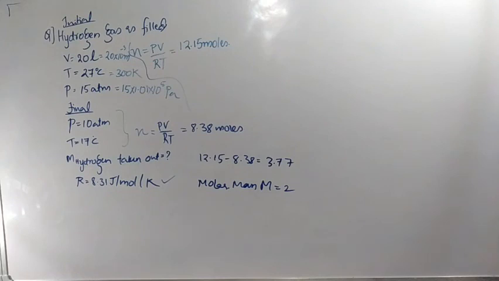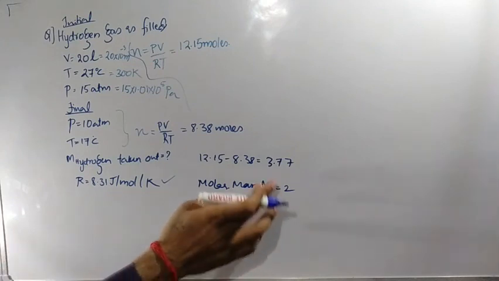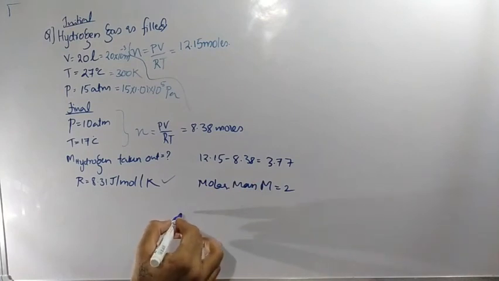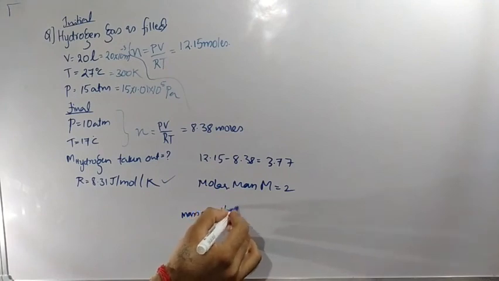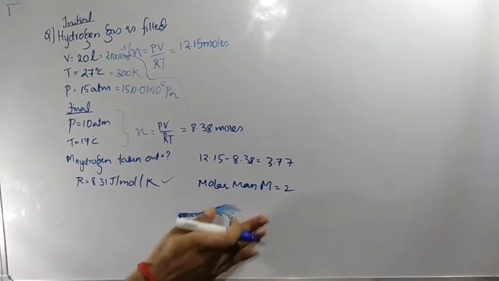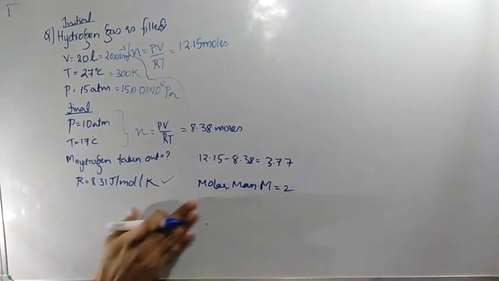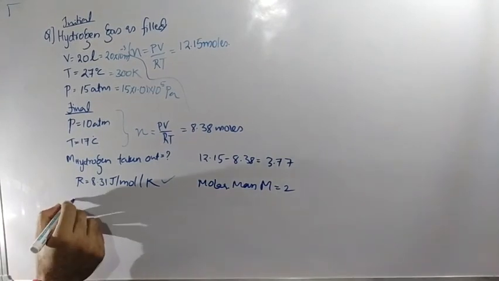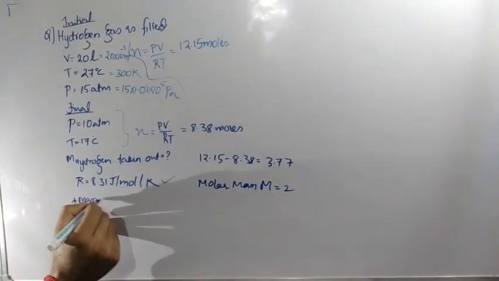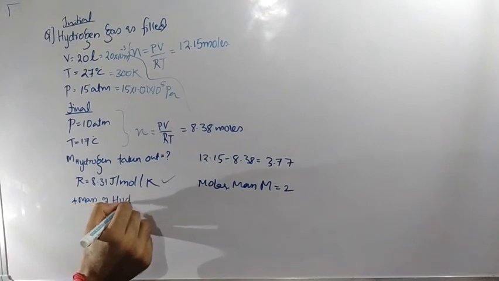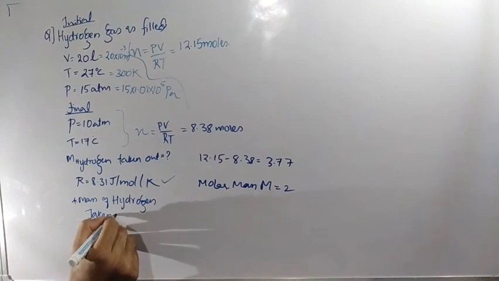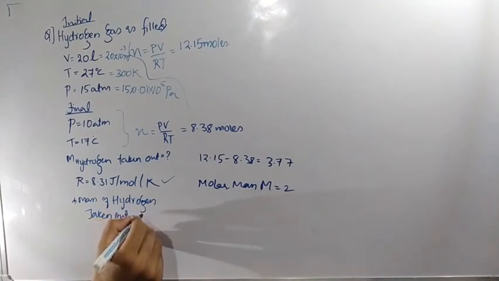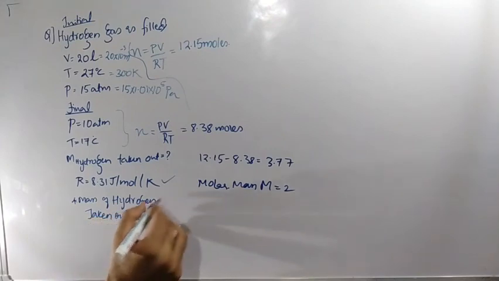2 into 3.77. So mass of hydrogen taken out, this value will be n into molar mass.